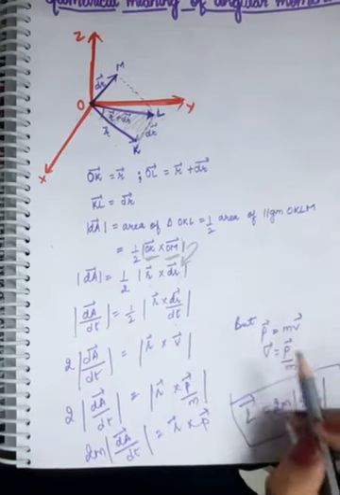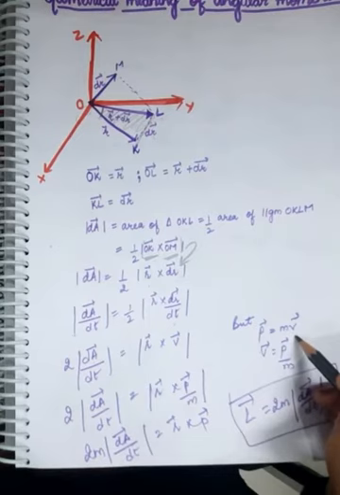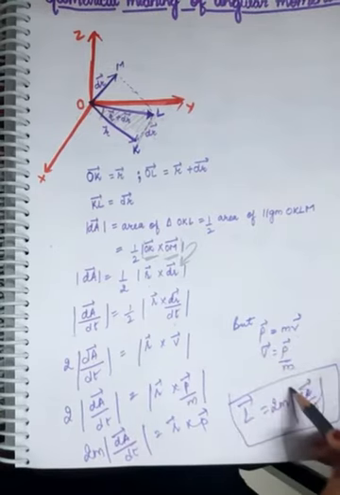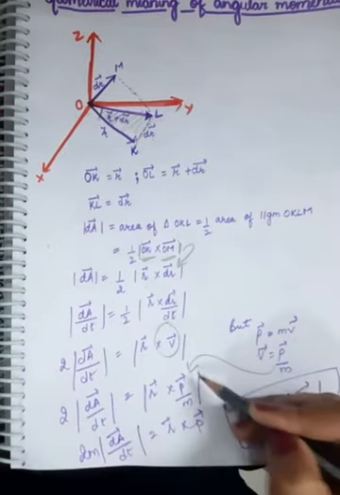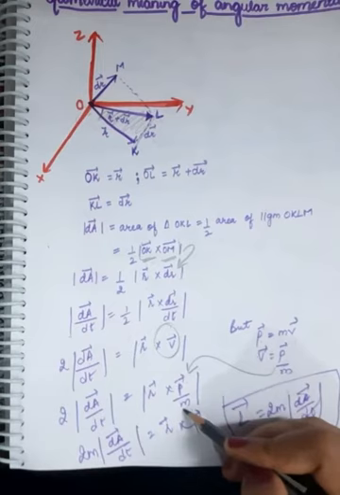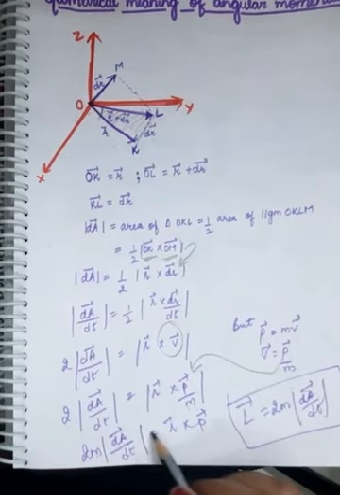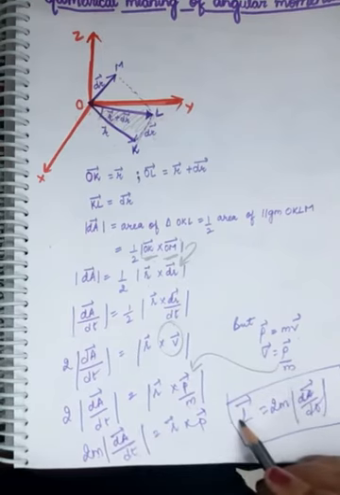We know that linear momentum is written as p vector equals m v vector, so v vector is equal to linear momentum upon mass. In place of velocity, just substitute p vector upon m. Take this m to the other side, and this becomes 2m dA by dt equals r vector cross p vector.